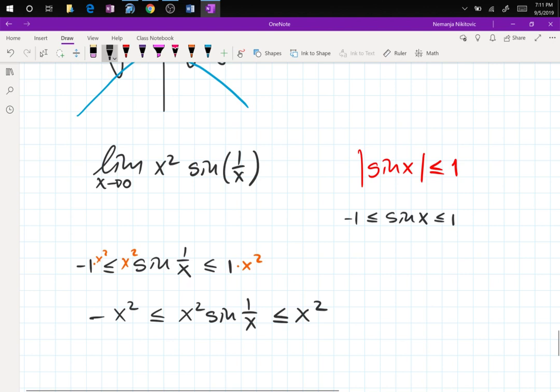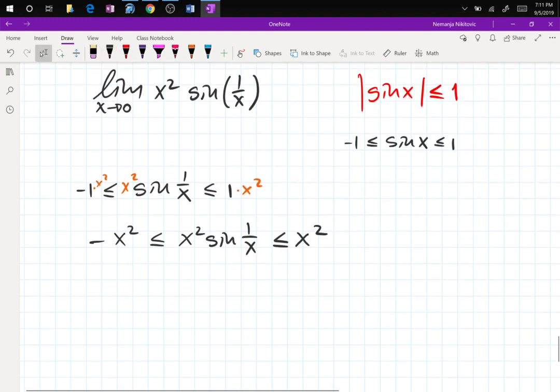Now you see that the function you care about, and it's tough because it has this sine 1 over x term, is sandwiched between the two easy functions, right?